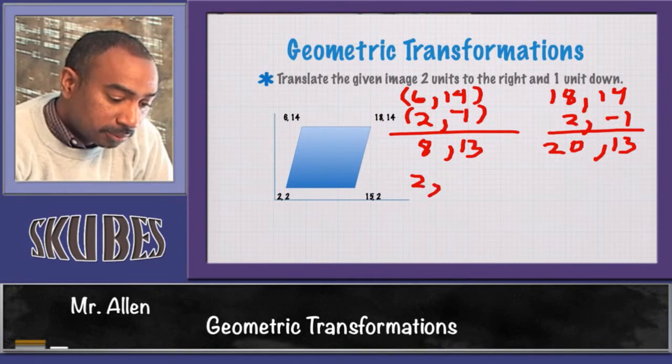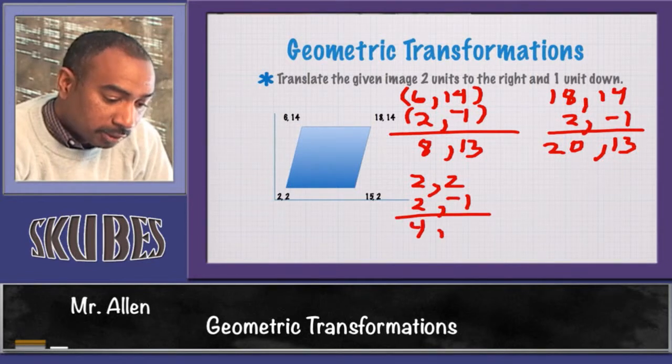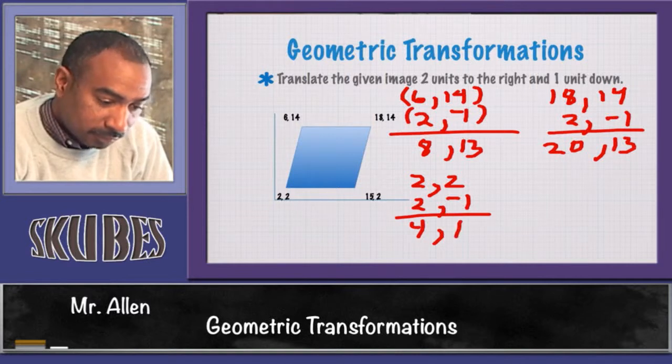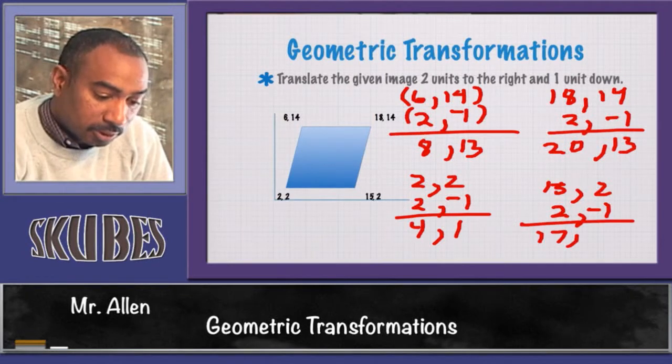You have 2, 2. 2 units to the right, 1 unit down. That gives you 4, 1. And 15, 2. 2 units to the right, 1 unit down. That gives you 17, 1.